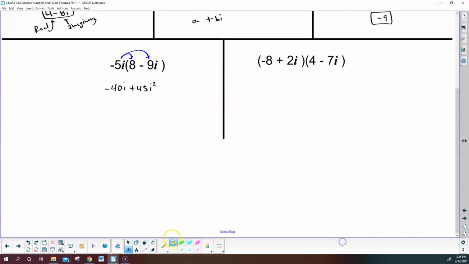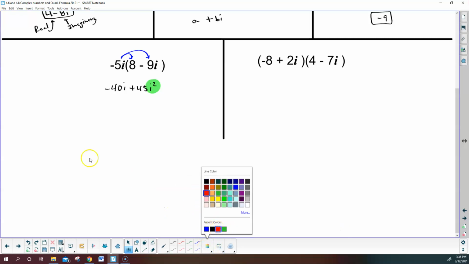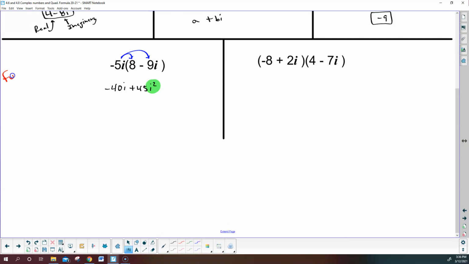Now hold on. i squared. Wait a minute. Don't we know something about i squared? I'm going to dig into my bag of fun facts here. We know that the square root of negative 1 is i. And I know that if I was to square i, that would reduce this radical.